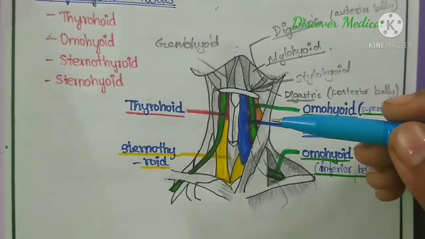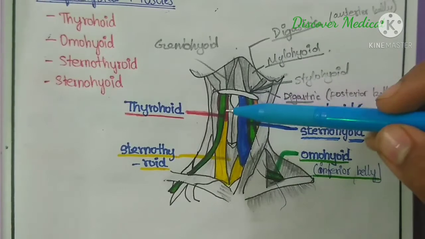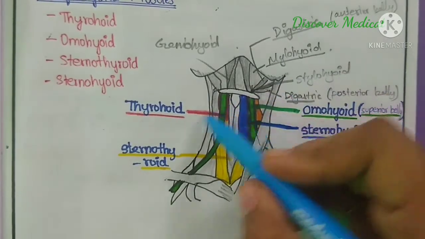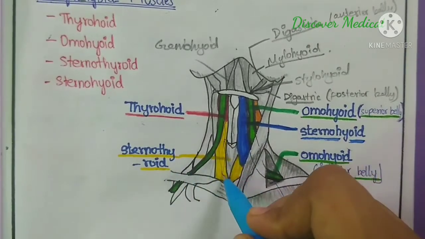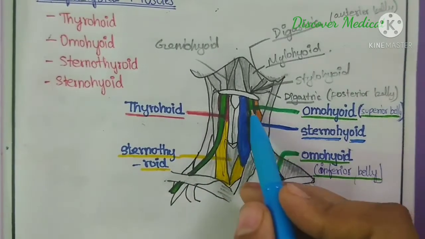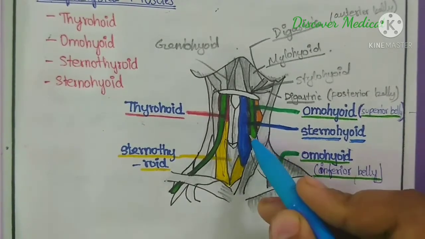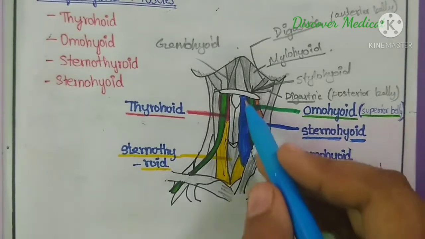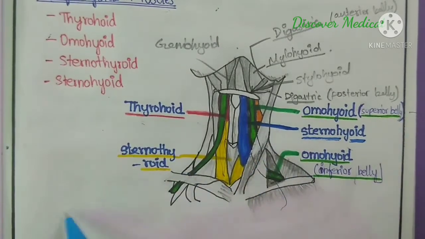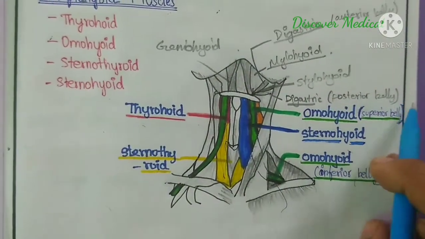Again I am mentioning that you should first understand in the image. This part is thyrohyoid. Downwards is sternothyroid muscle. Now this one is omohyoid, superior belly, and the connection like this will be omohyoid, inferior belly. This one is sternohyoid. That's all. You can see clearly in the picture.